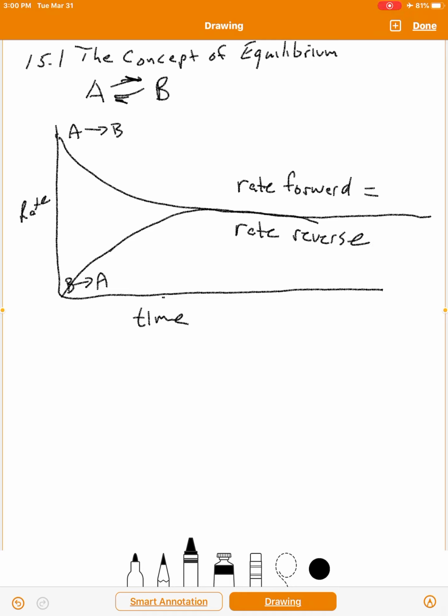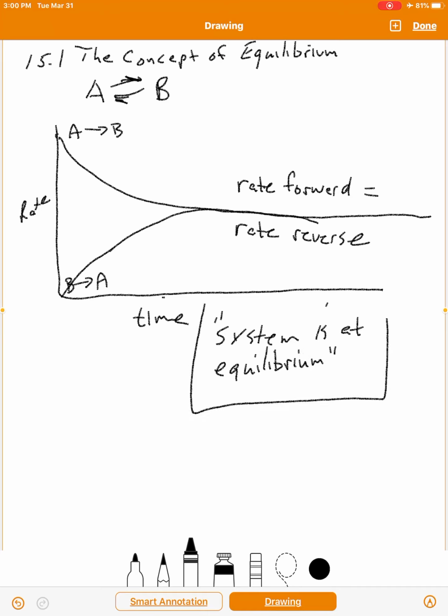And when those two rates are equal, we say that the system, this is the terminology we use, is at equilibrium. It's an equilibrium system, because the rate of the forward reaction is equal to the rate of the reverse reaction.